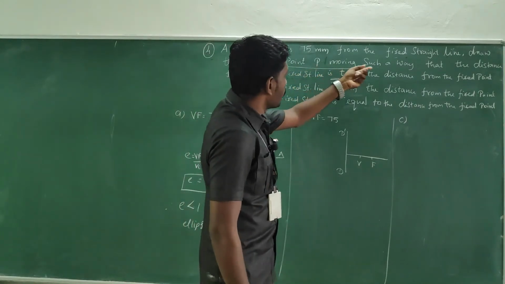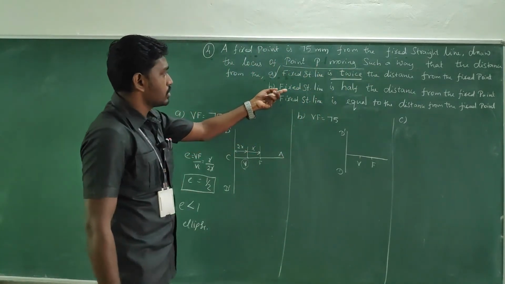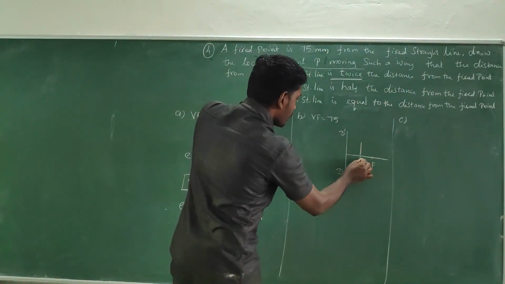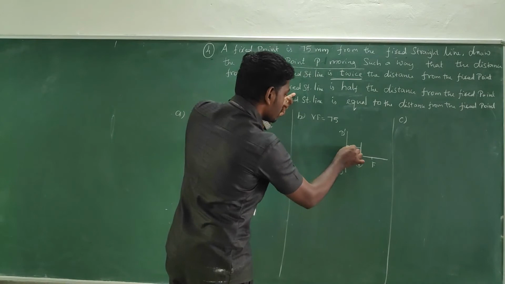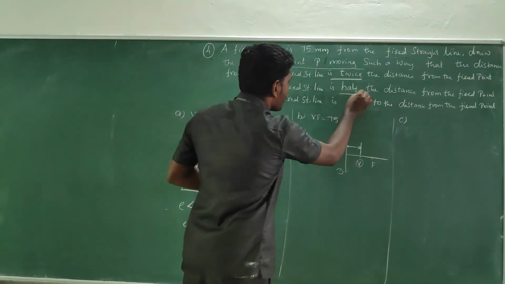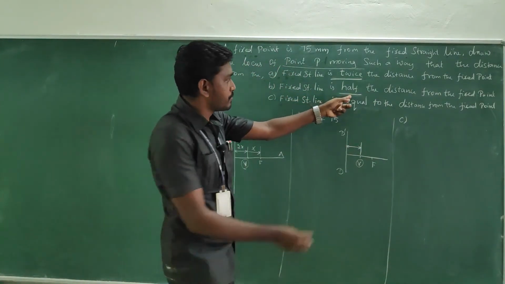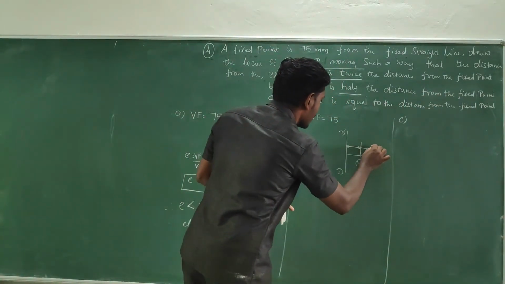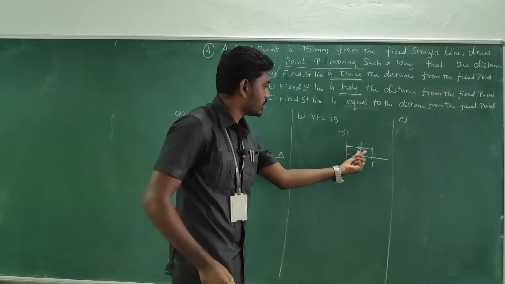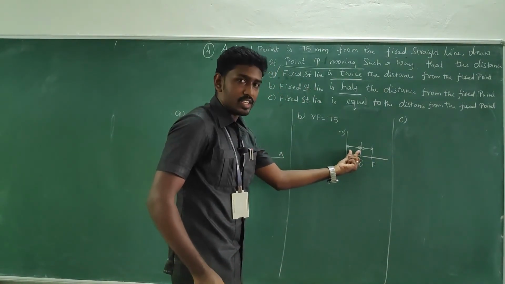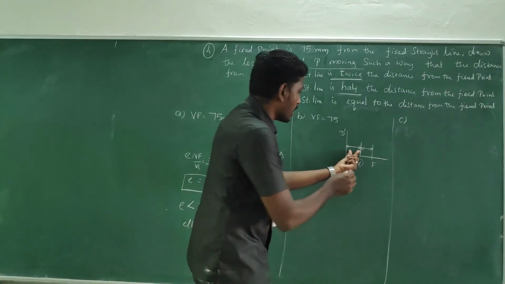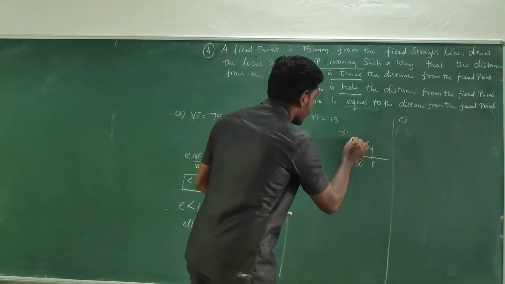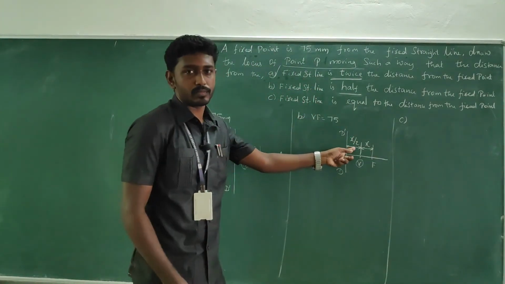The point P moving in such a way that the distance from the moving point to the fixed straight line is half the distance from the fixed point. So this distance is half. So if I take Vf as X, this would be X divided by 2.